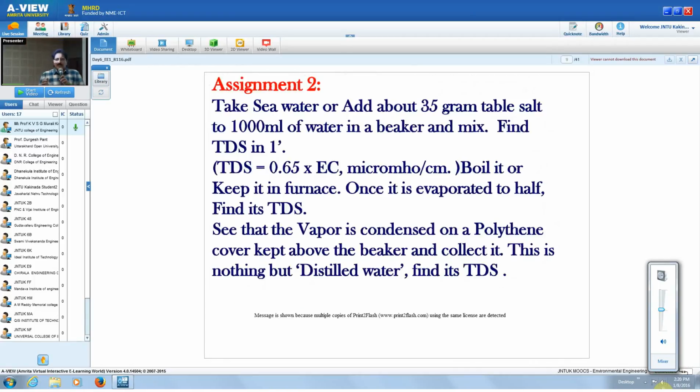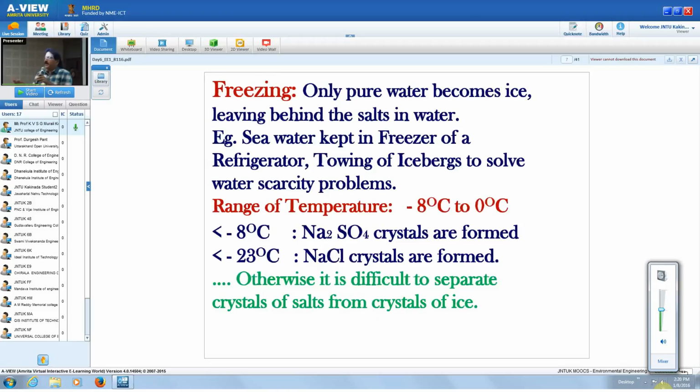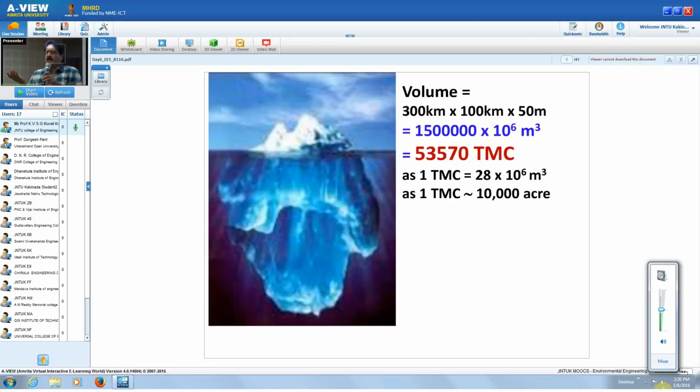Similarly, ammonia, the concentration is 0.5, whereas for nitrate, ammonia also it is nitrogen only. Nitrogen in the form of NH3 is 0.5 ppm, whereas nitrogen in the form of NO3 is there up to 45 ppm. It is okay.